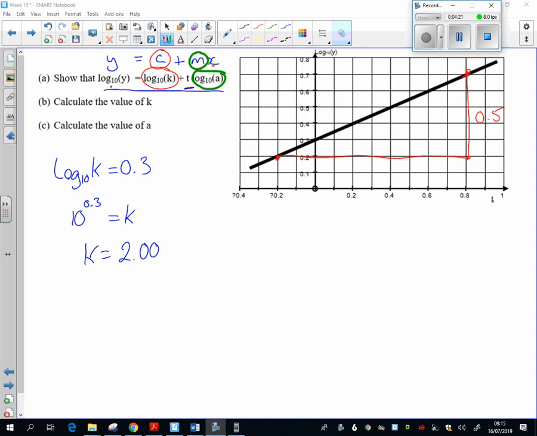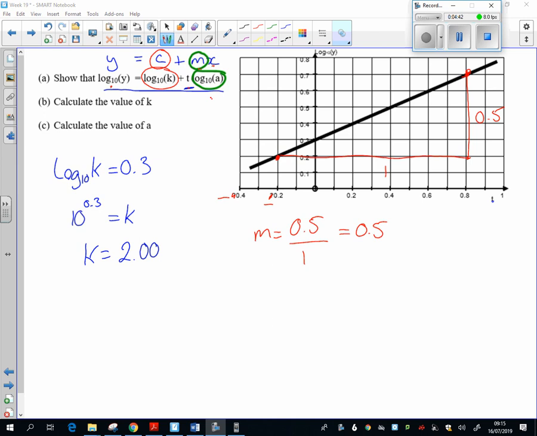So 0.5. My change in x is going, sorry, there's a bit of a typo there. They should be minuses. So it's going from minus 0.2 to 0.8. So that's going up by 1. So the gradient, change in y over change in x, is a half.